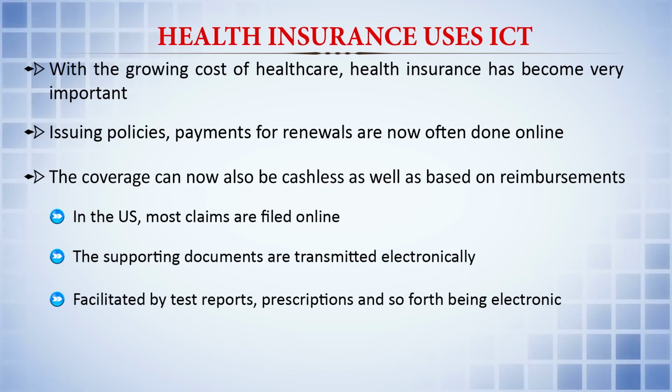So this makes it easier for the company to decide on whether to pay up a claim or not, and this reduces the possibilities of lost papers, misplaced files and so on, not to speak of the speed with which these things can be done.